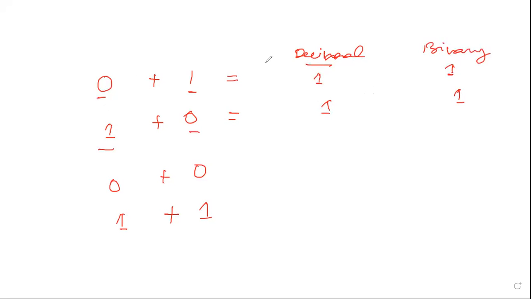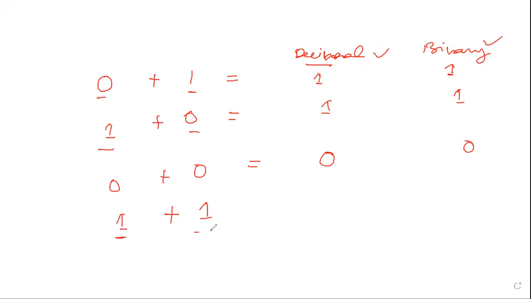Again, alike, the decimal operation, binary operation, they are same here in this regard. When you are adding a 0 with a 0, then 0 plus 0 in decimal is 0. Binary 0 added with a binary 0 in binary will give me a binary 0. So three cases, the decimal result is same as the binary result.